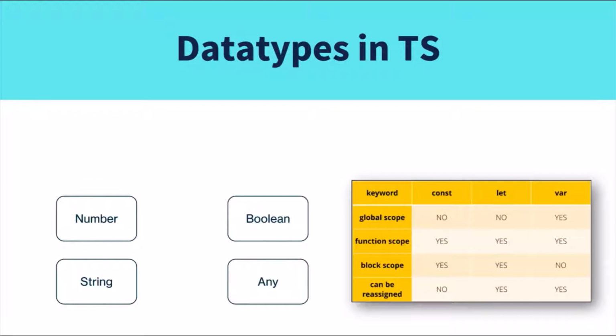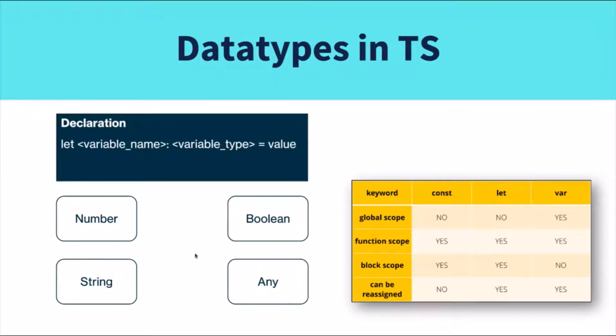This is something different from plain JavaScript. And the way we define a variable in TypeScript is we write let, then a variable name, then a colon, then a variable type, then equals some value which we want to give to this variable. We have used the let keyword to define a variable. We can also use const and var keywords to define a variable.